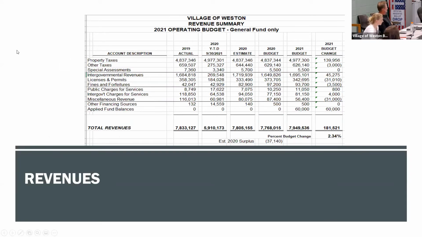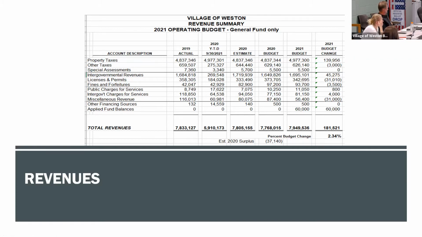Here is an example of the current 2021 budget, and those are the categories that we have for revenues. Taxes, property taxes, other special assessments.